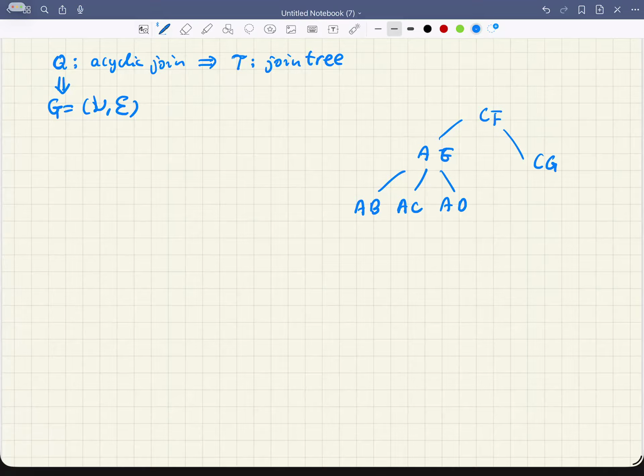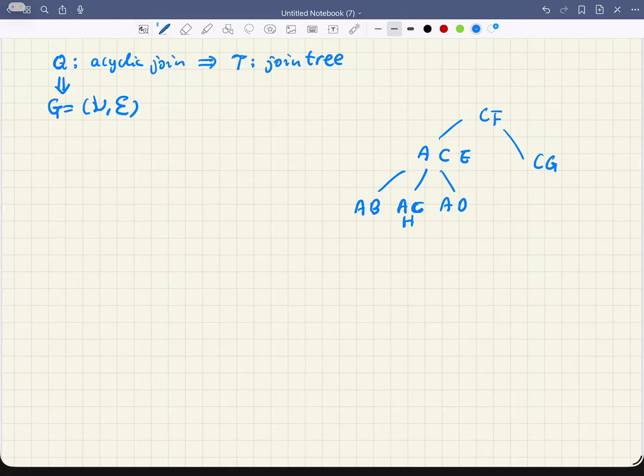So if you look at any particular attribute, just to correct this, ACE, okay. Let's say C, and then if you say, okay, look at the nodes containing C, it will be AC, ACE. Let's say this is ACH, just to make it more interesting, so that you don't have one relation contained by another. But AC will do just fine.